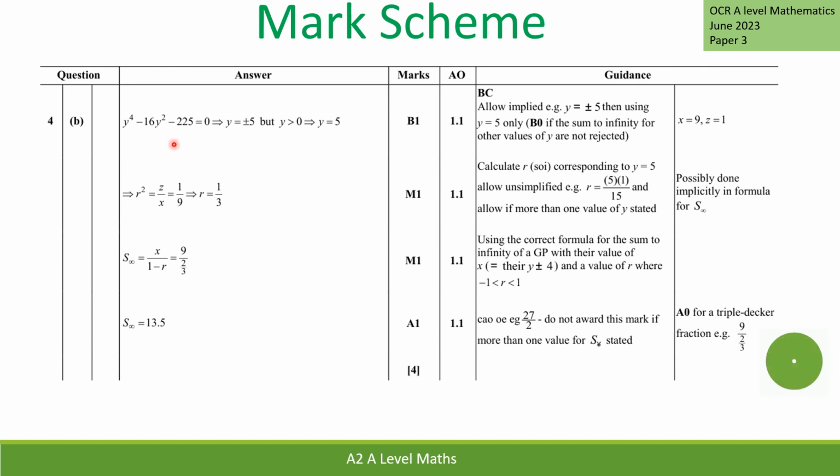So if you came down to here to get y is equal to plus or minus 5, y is greater than 0, as I said, so y is equal to 5. That is 1 mark. Getting the x is your 2nd mark. Then substituting the values in for sum to infinity is your 3rd mark. And then getting the answer of 13.5 is your 4th mark. Give yourself a big tick if you've got these correct.